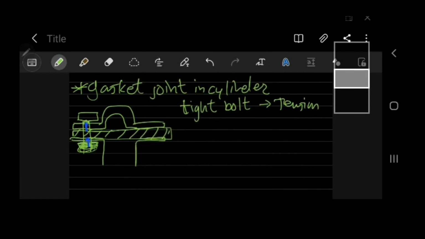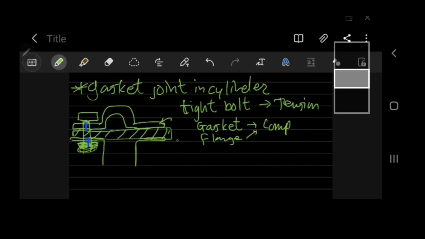And due to the initial tightening, there will be compressive force in the gasket and flange. This is called the flange. There will be compressive stress in both gasket and flange.